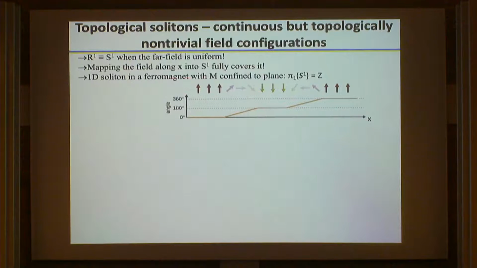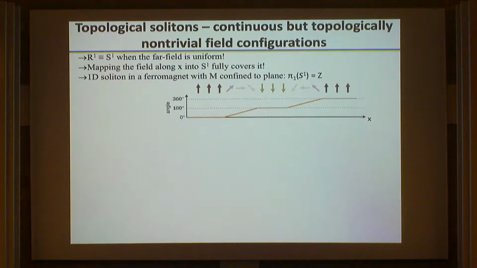Here is a visualization where the field is confined to a two-dimensional plane, so it can only exhibit different orientations confined to that plane. We can see that when we have this type of rotation of magnetization by 2 pi, this field configuration localized within this spatial region in one dimension cannot be removed by wiggling those spins of magnetization.